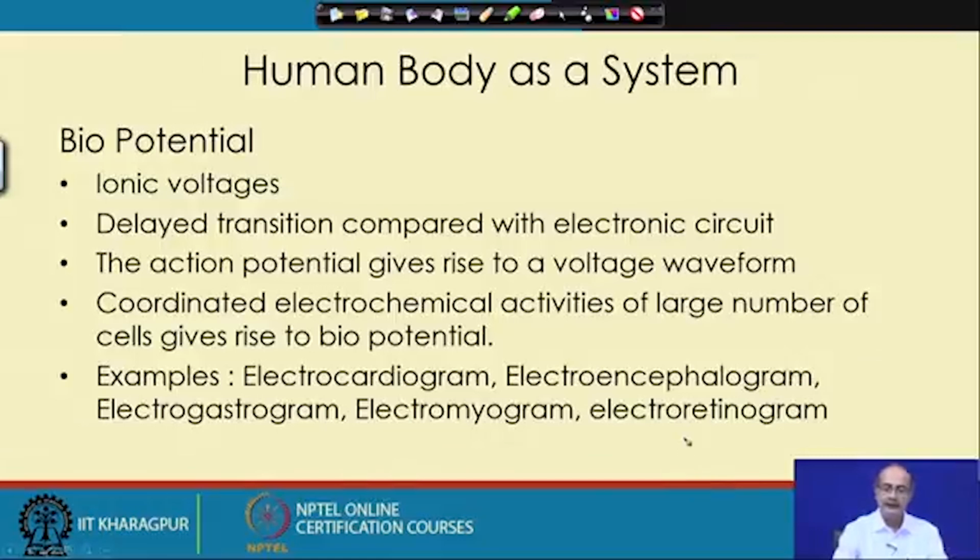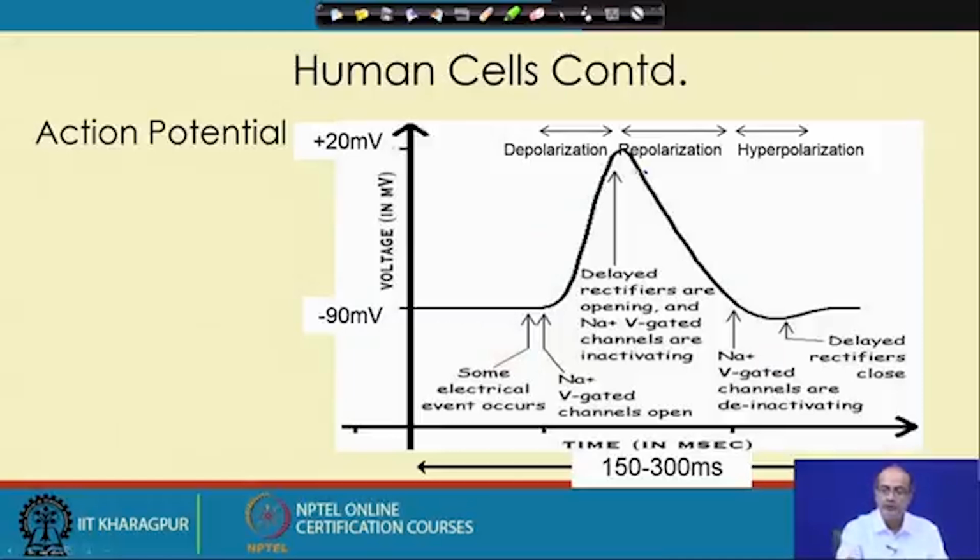And here, another thing we should tell, probably going back one step: when we are talking about the action potential, once a stimulus is given, there is no way to stop it, and the amount of voltage change, say from minus 70 millivolt to plus 20 millivolt, does not depend on the level of the stimulus.